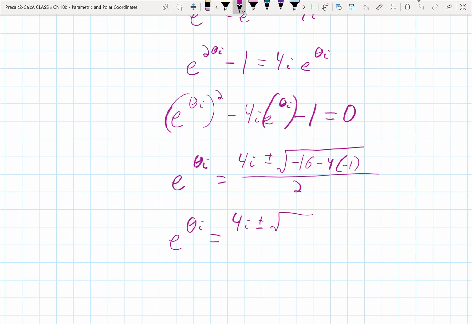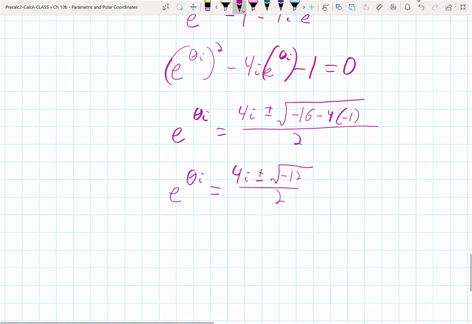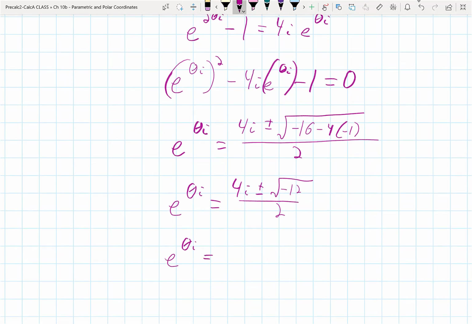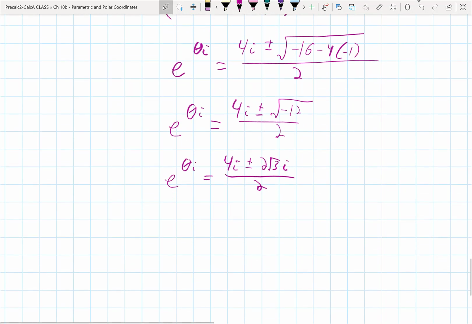And the square root of negative 12 is 2 root 3 i, over 2. So I get e to the theta i is equal to, I can divide by the 2, and I can factor the i out. So I get 2 plus or minus root 3 times i.